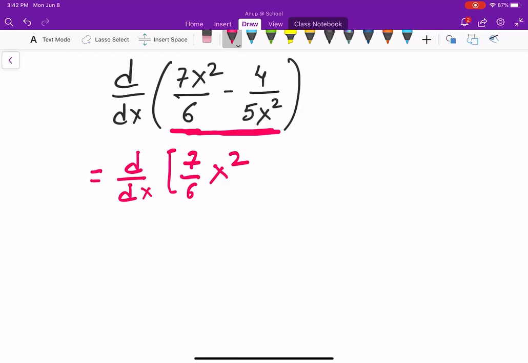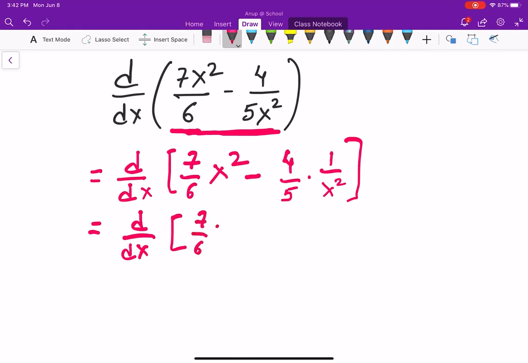So 7 over 6 times x square, minus the second term, which can be written as 4 over 5 times 1 over x square. But you can further rewrite this as 7 over 6 x square minus 4 over 5 x to the power minus 2.